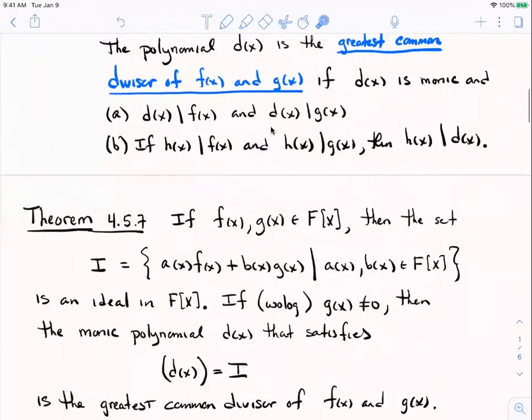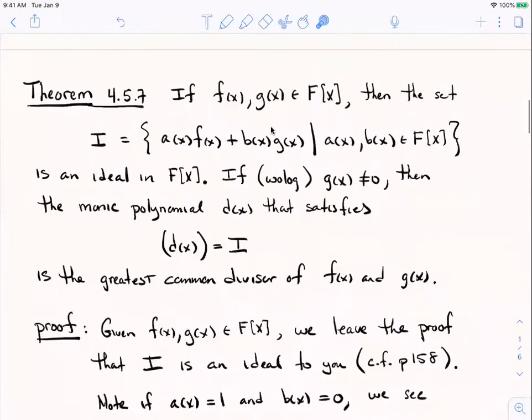So I have a theorem that says, yeah, the greatest common divisor exists. The theorem says this: if you take f and g, then this set I that consists of all polynomial linear combinations of f and g, so I take a polynomial a, I take a polynomial b, I multiply them by f and g, add them together, let a and b range over all polynomials, that set is an ideal in the polynomial ring.